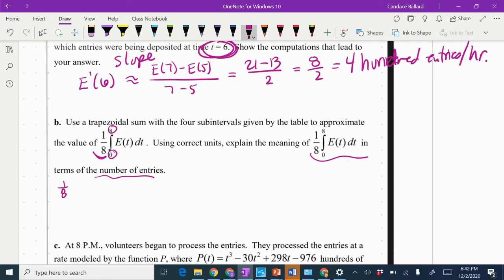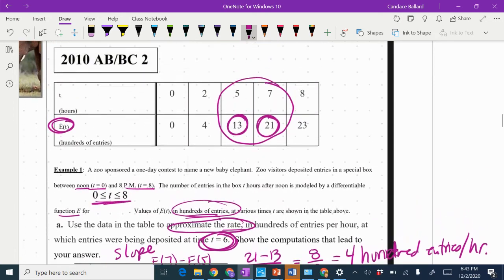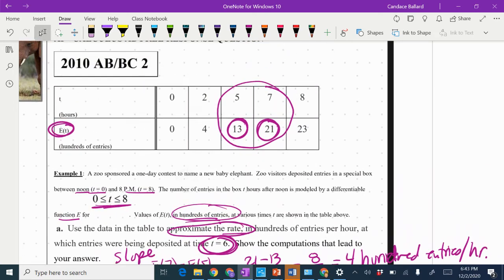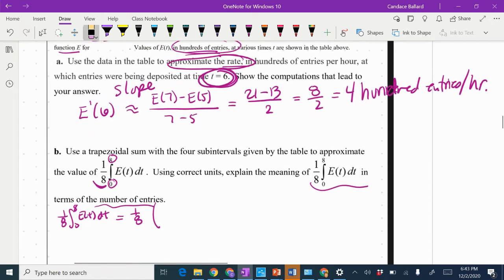So I'm going to write out 1 over 8 times the integral from 0 to 8 of E of t dt. So we need to do a trapezoidal sum. I'm going to start with my 1/8 out front. And it said we were going from 0 to 8. So I'm seeing 1, 2, 3, 4 trapezoids. So I'm going to set up for 4 trapezoids.